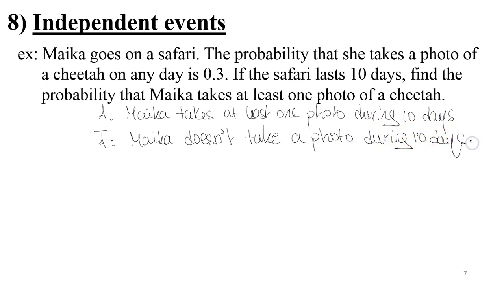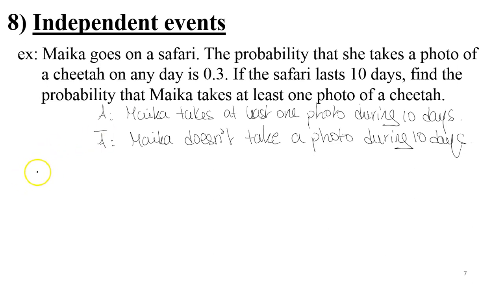So if the probability on every day of taking a photo of a cheetah is 0.3, then the probability of not taking the photo of a cheetah on one day is 0.7. So during 10 days, since taking a photo on one day is independent from taking a photo on another day, it means that not taking a photo on one day is also independent from not taking a photo on any other day.